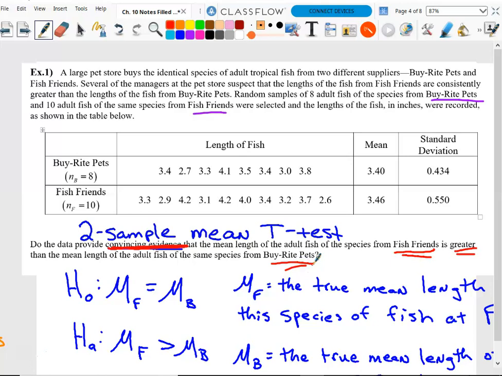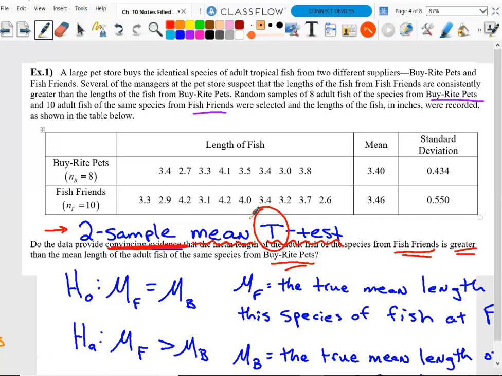Okay, so first thing you need to think about is what kind of problem is it? It's a test. It is a mean problem, which means it's a t-test. So that's multiple decisions right there, because what we did last section was all proportion problems, and that changes some of the dynamics.